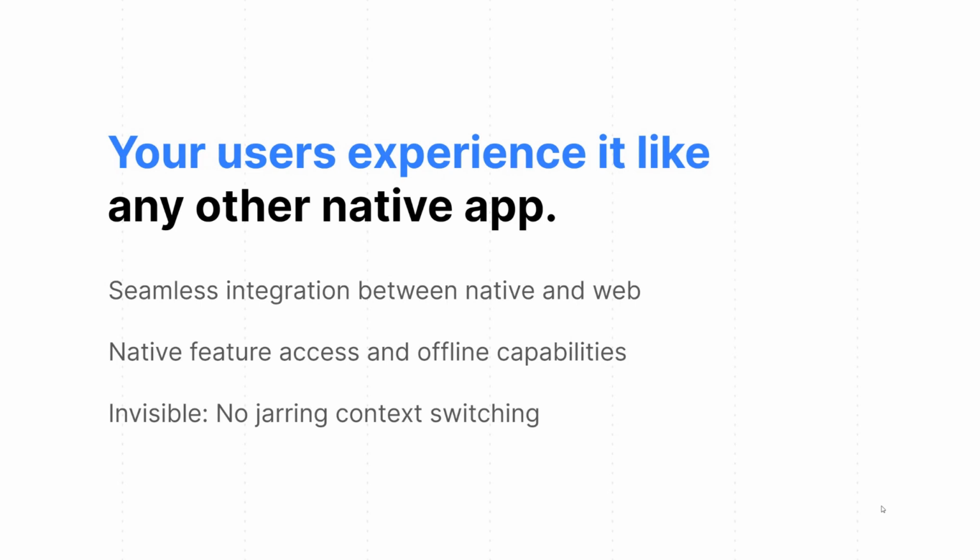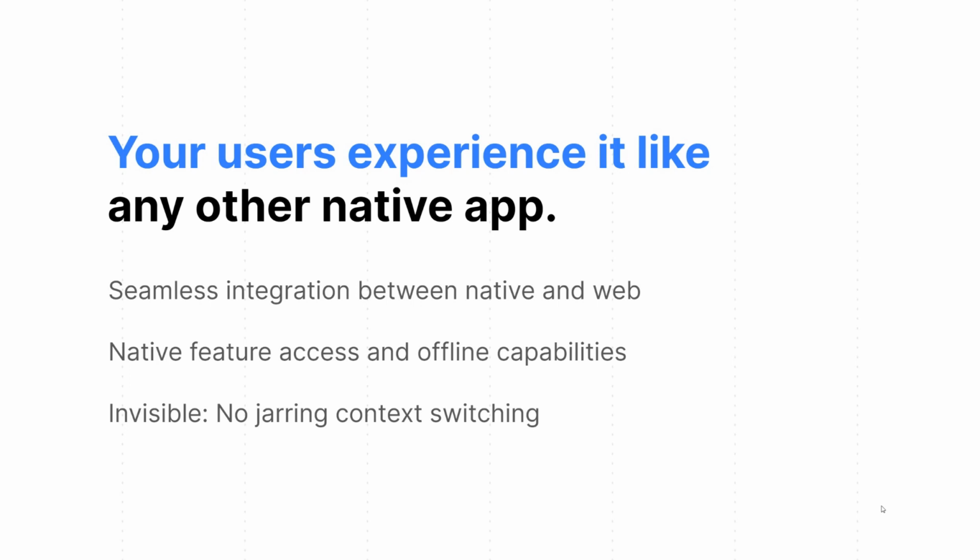And ultimately, it's your users that benefit from this approach and this product. They can experience these web-based experiences like any other native app at the end of the day, because Portals offers a seamless integration between native and web. As we saw with some of those company examples, you can't notice a difference between transitioning between the native and web portions. You get native feature access and, of course, offline capabilities out of the box because you're embedding that web content within the native app right away.